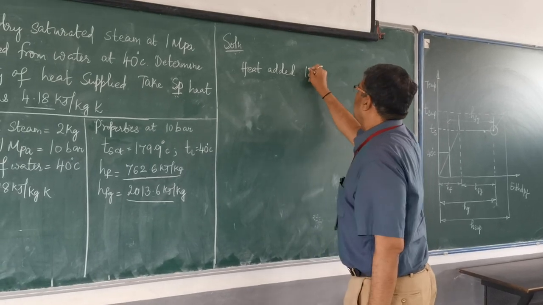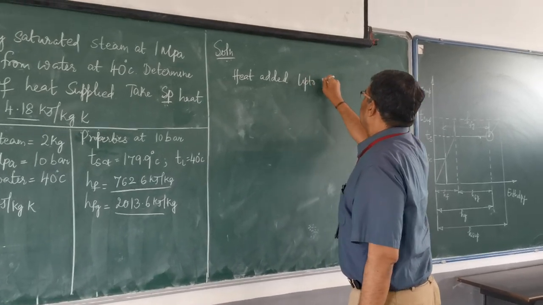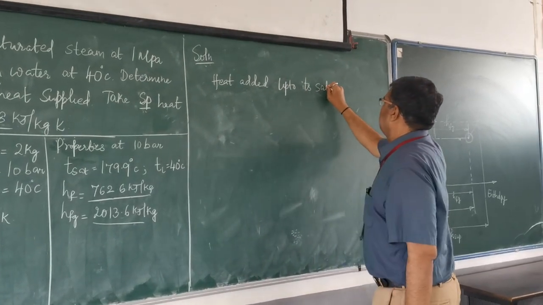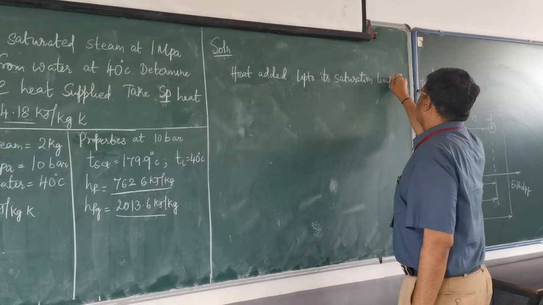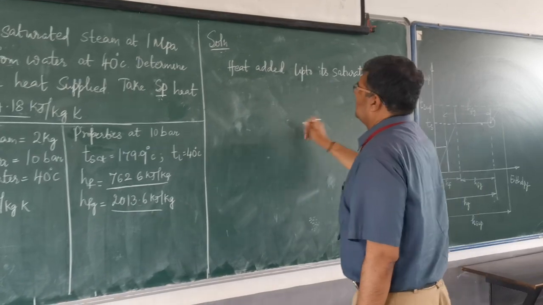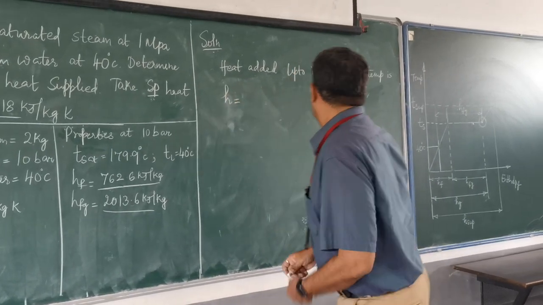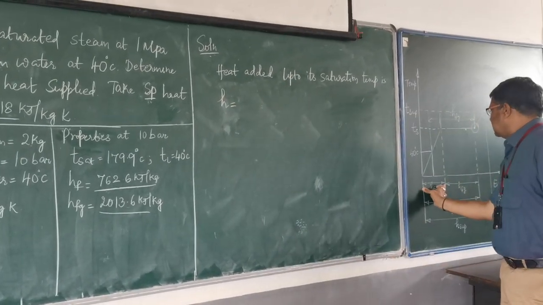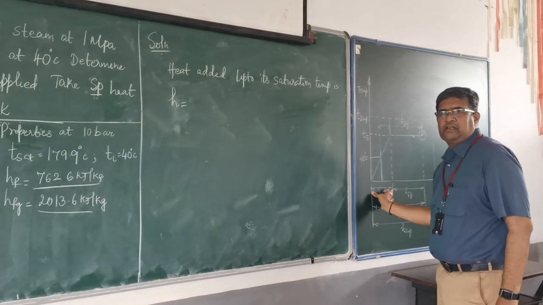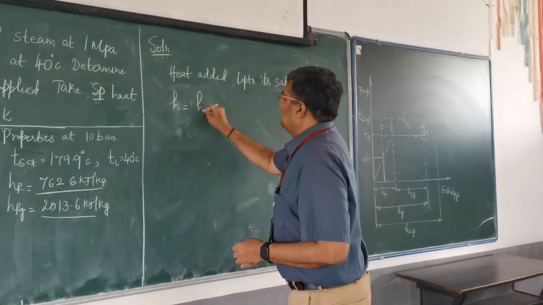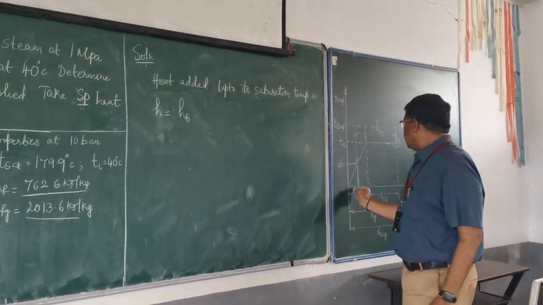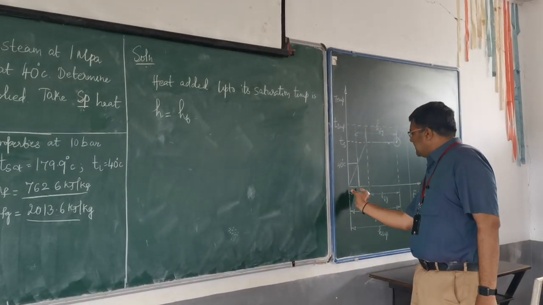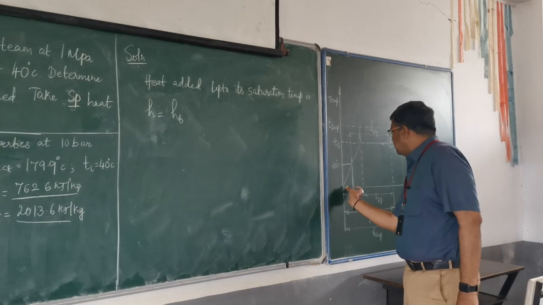Heat added: the total heat HF is up to the saturation temperature, but this assumes that water is at 0 degrees, but it is already at 40 degrees. So this minus this.